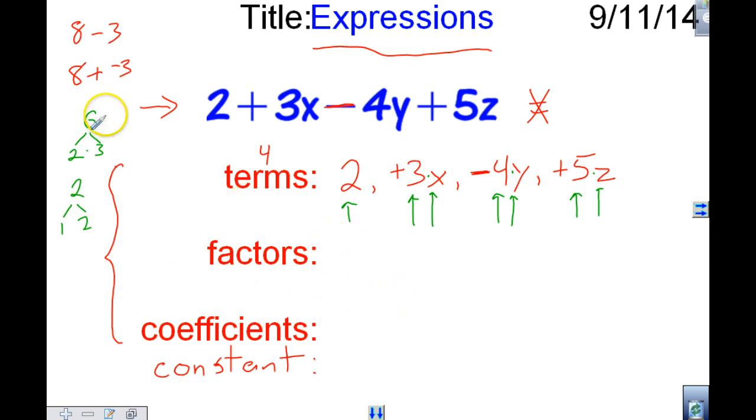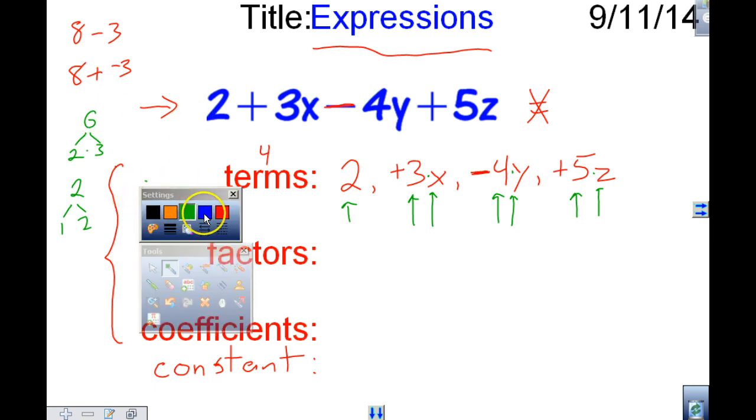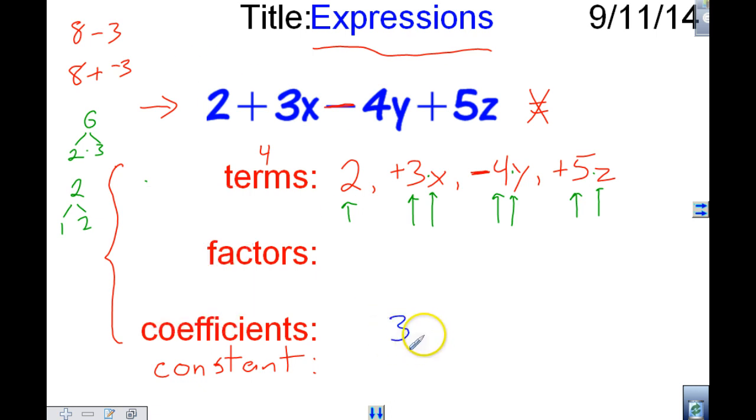You come up with what the definition is. I already know, but it's good with you. Coefficients for this expression are 3, negative 4, and 5. So, given that, what is the definition of a coefficient?